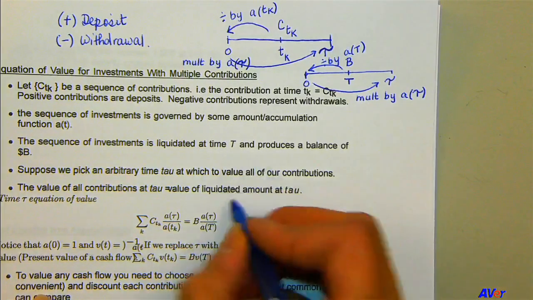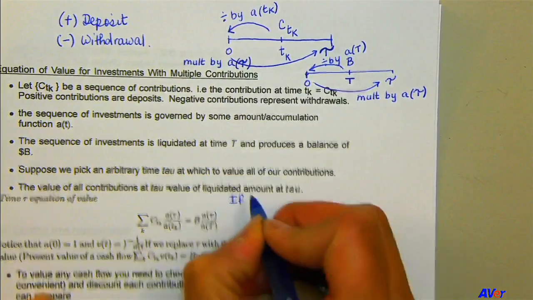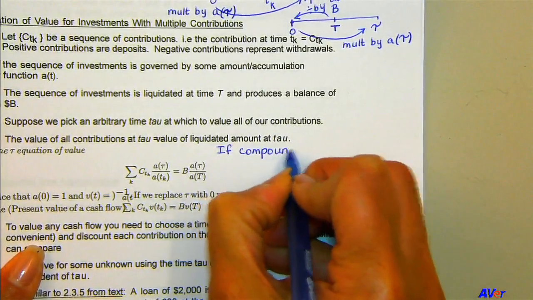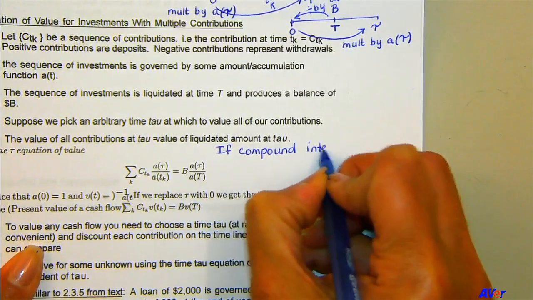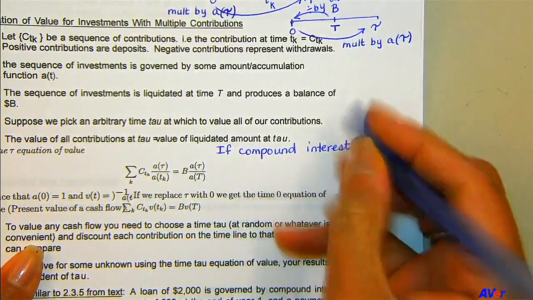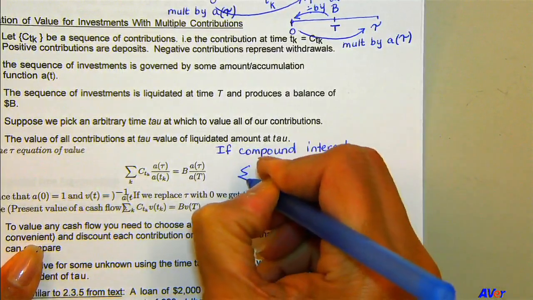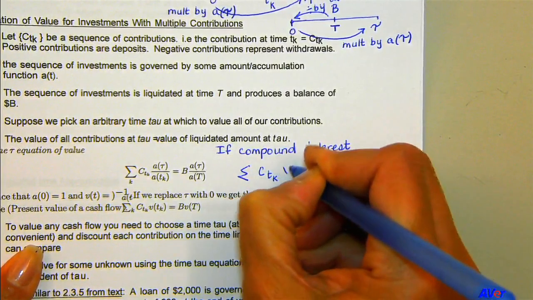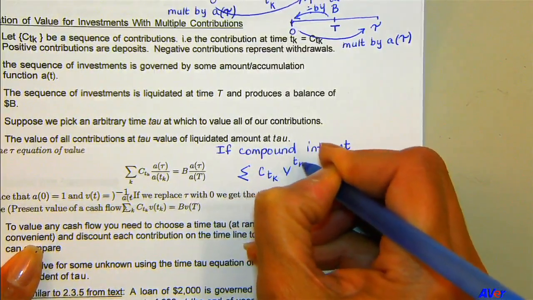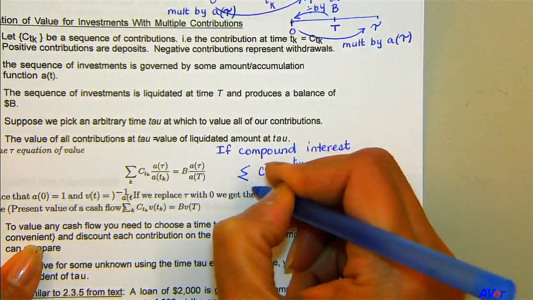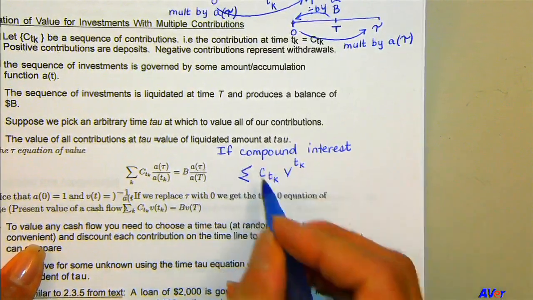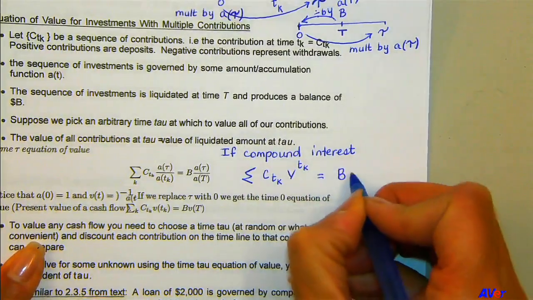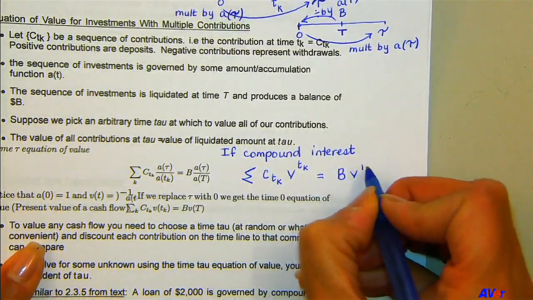So if it's compound interest we're talking about, then it would be the summation of C of t_k V to the t_k, because this is all the different contributions on the left side, equals B V to the t.